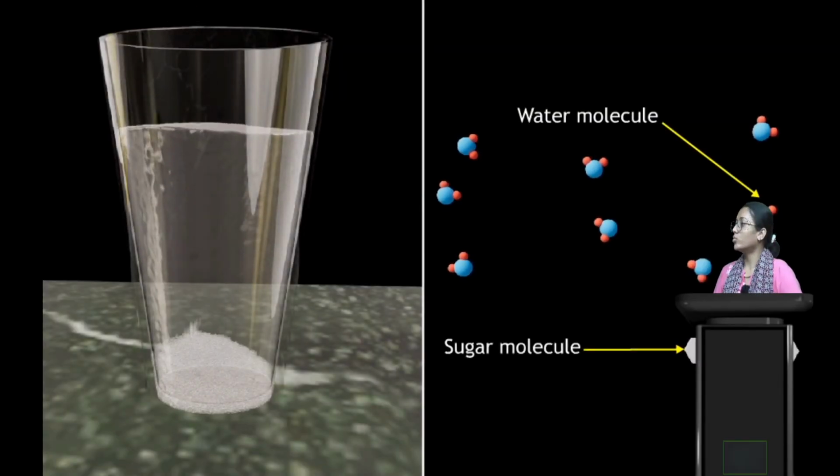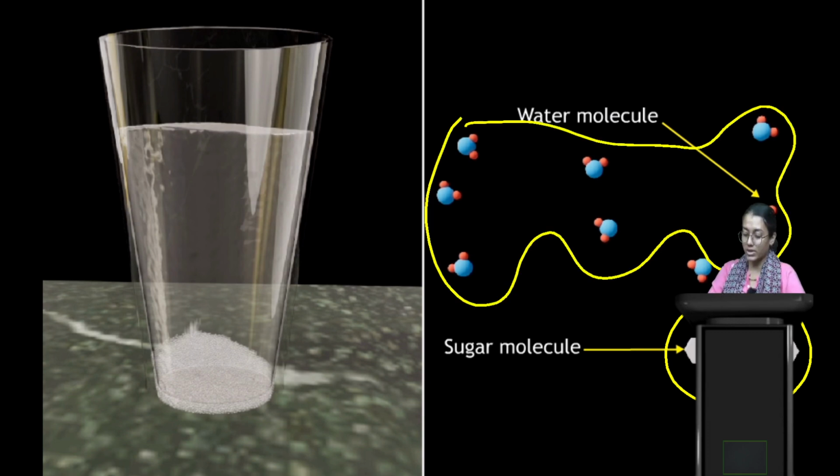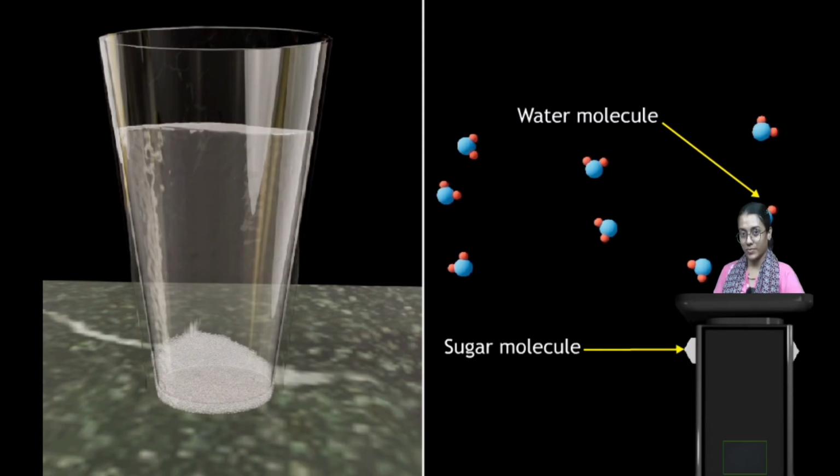Whenever we are mixing sugar with water, what happens? This is a sugar molecule, or a tiny particle or tiny piece of sugar. You can assume it. And these blue and orange ones are none other than water molecules.